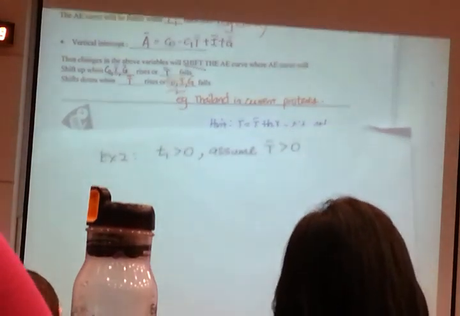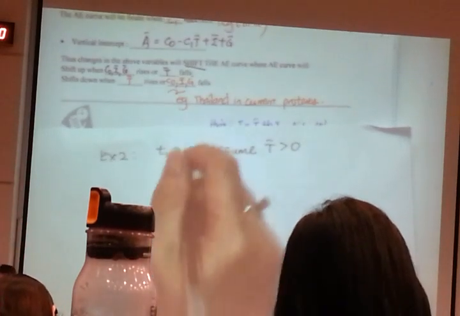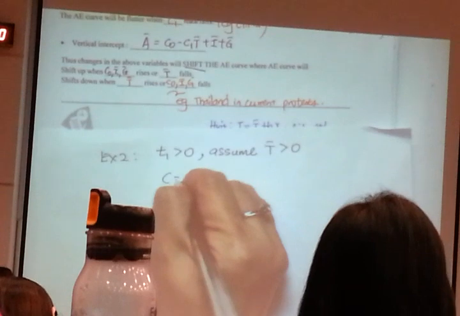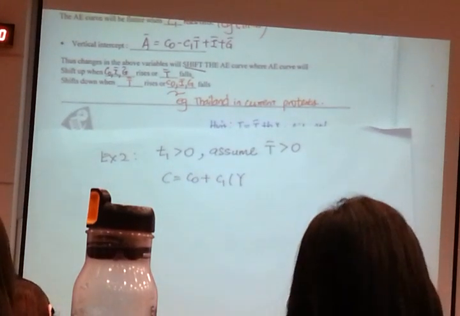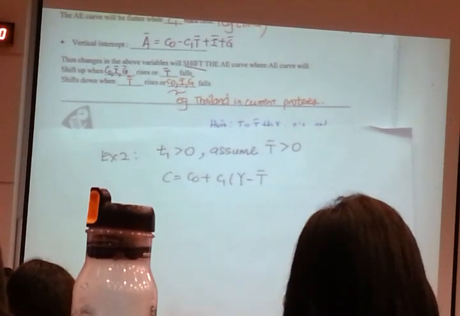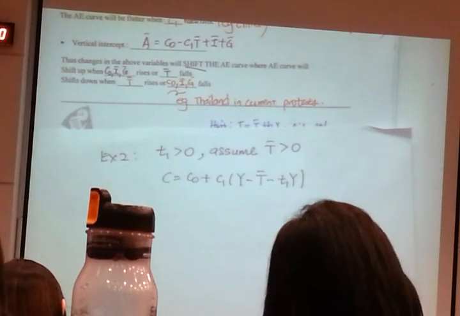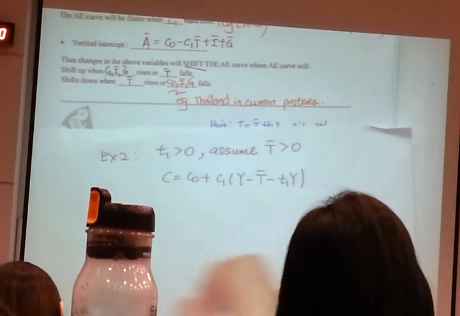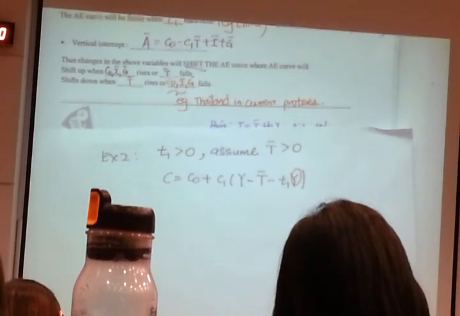If you didn't assume, you let T bar be 0, it's fine. So you write out your consumption function, C0 plus C1. Be very careful. Y must minus lump sum tax, must minus proportional tax. This is the examiner's favorite question because the examiner knows a lot of students will forget to put income.